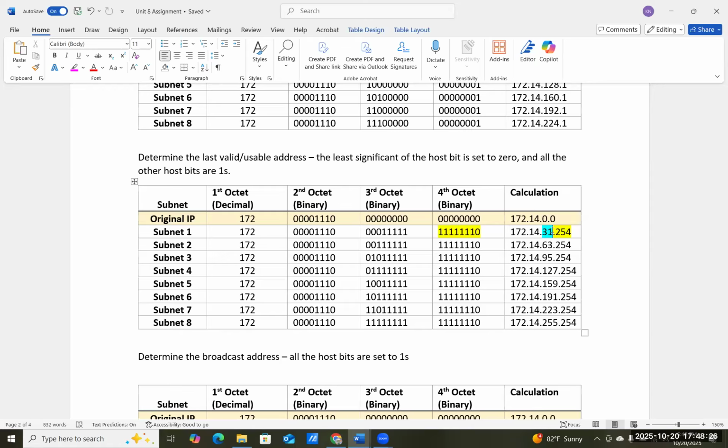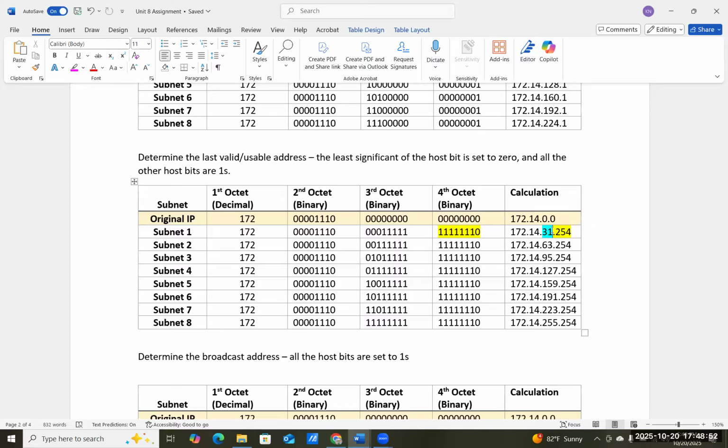Now, if you look at the third octet, it's simply changing. We talked about how we're borrowing, and that's what we derive for the host. So we're still using the same combination, the 8 combinations we talked about to derive.